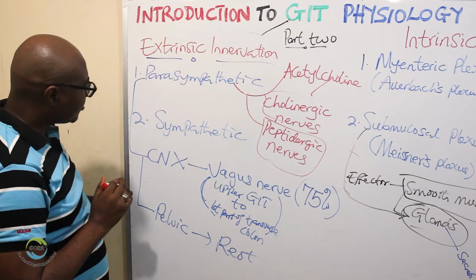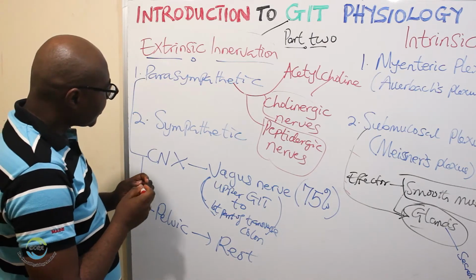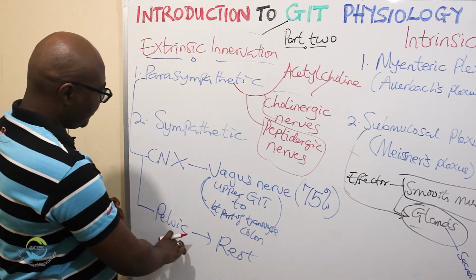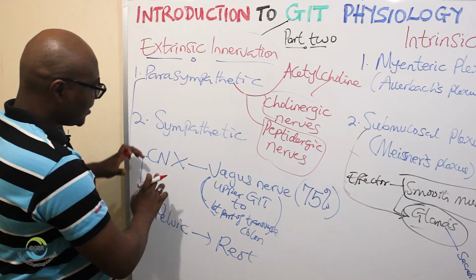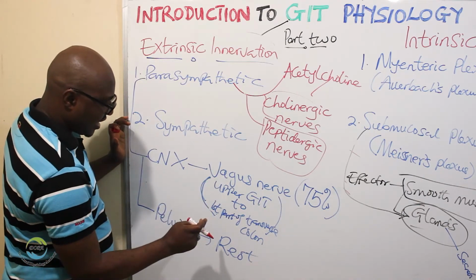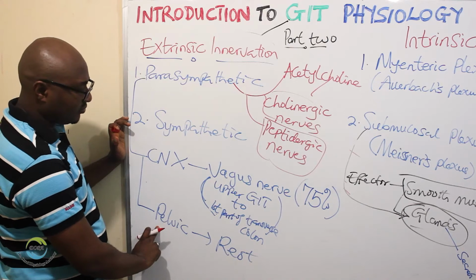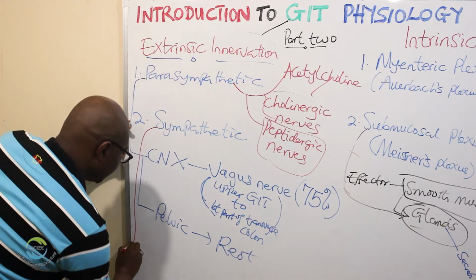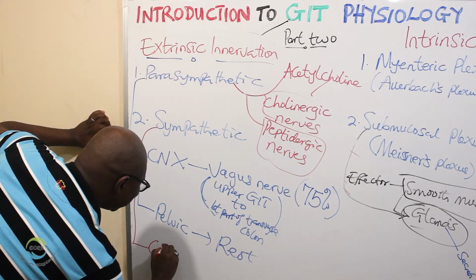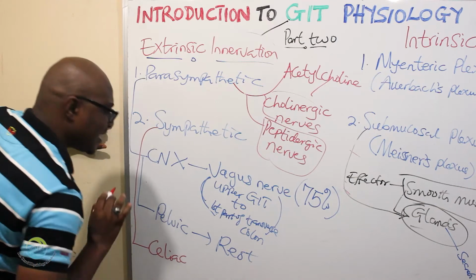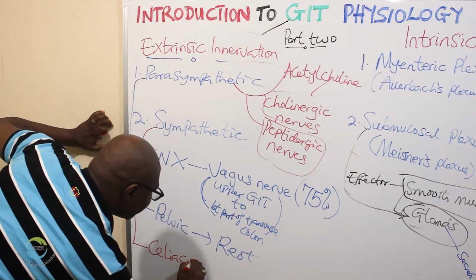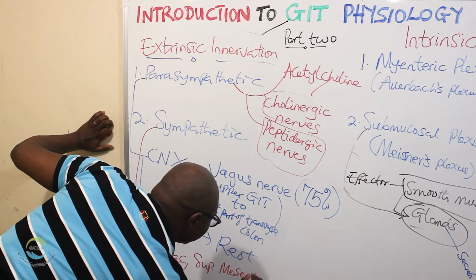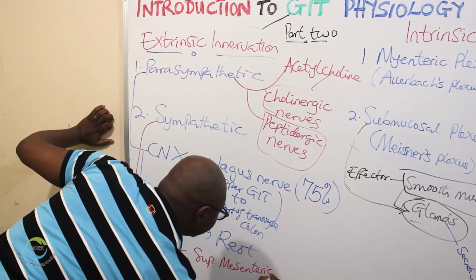So let's talk a little about the sympathetic. The parasympathetic has the vagus and pelvic nerves, the 75% and so on. But the sympathetic has 4 nerves. One of them is the celiac nerve. Another one is the superior mesenteric nerve.